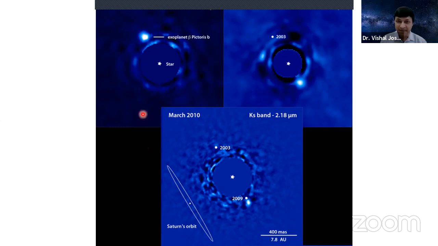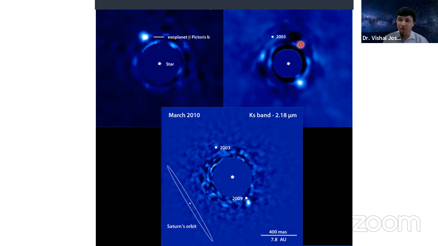A more convincing example. Here you'll see that the same star, Beta Pictoris, has been observed in near infrared wavelengths more than once. It was observed in 2003, and you could see a planet here.